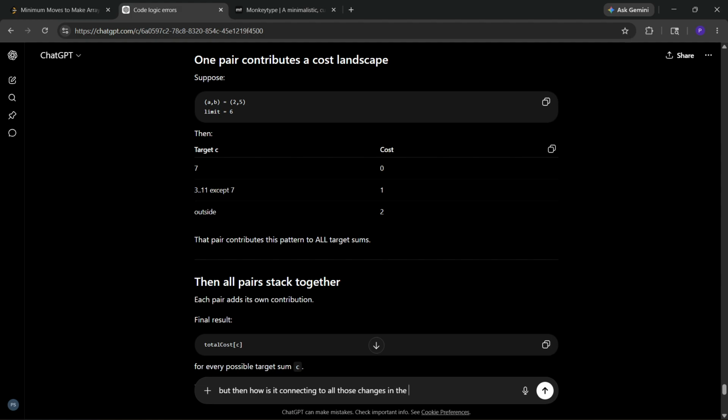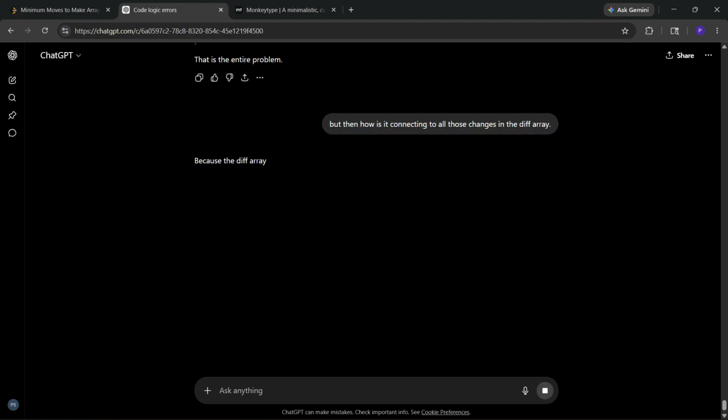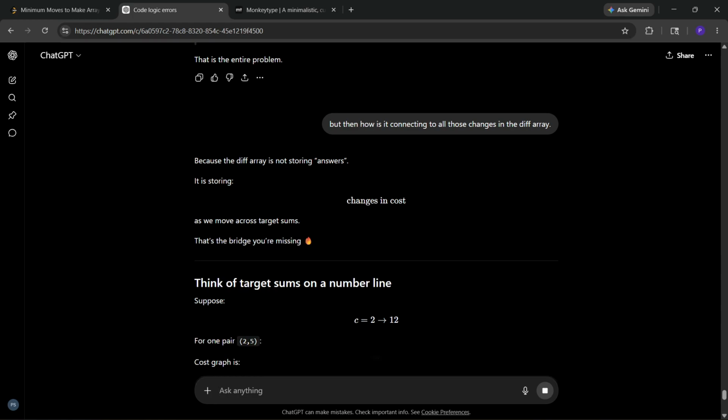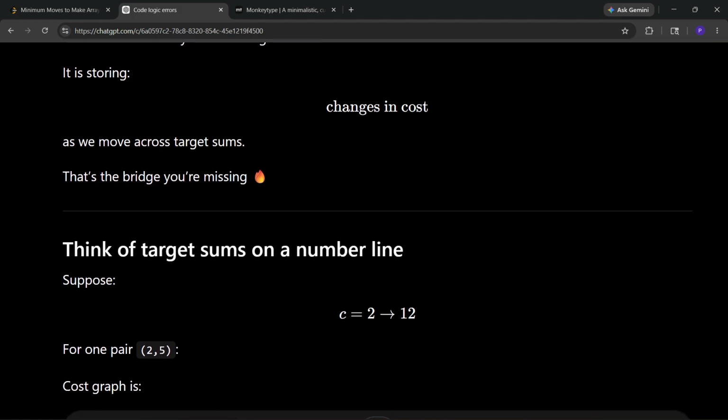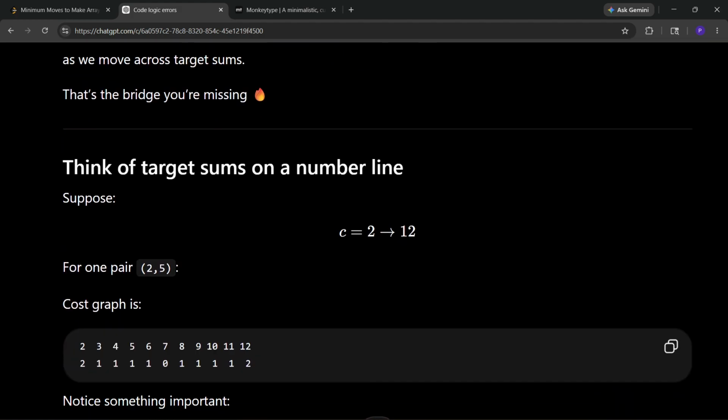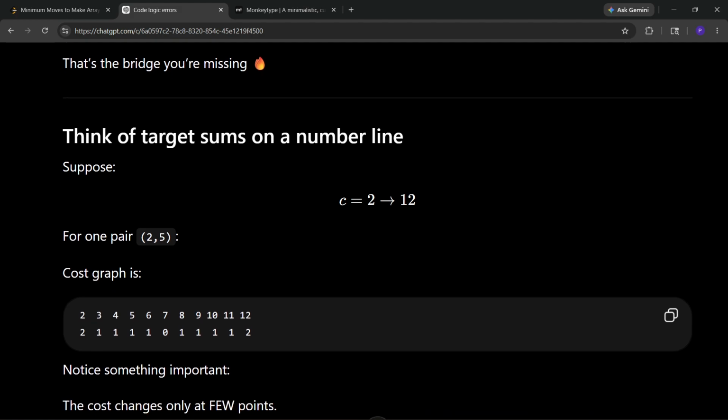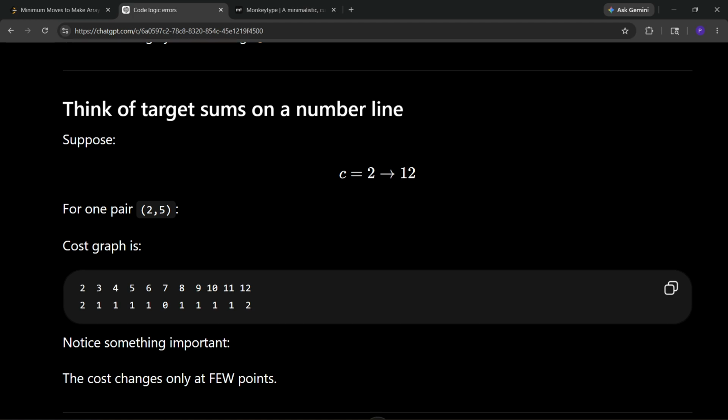Think of the target sums on a number line. On a number line. Okay. One pair 2, 5.